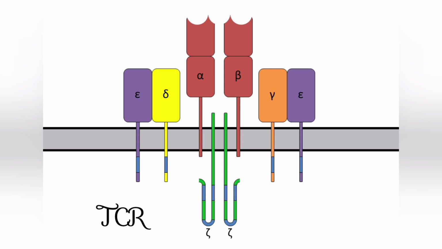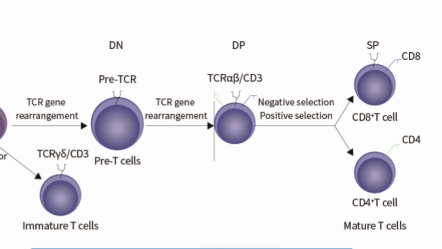One of the transmembrane proteins of the CD3 is called the zeta chain, and it is linked to a tyrosine kinase which is involved with signal transduction. We will talk about the signal transduction under the topic of activation of the T cells. The T cells are subdivided into two major categories based on whether they are CD4 or CD8 positive T cells. Mature T cells have either CD4 or CD8 proteins, but not both.